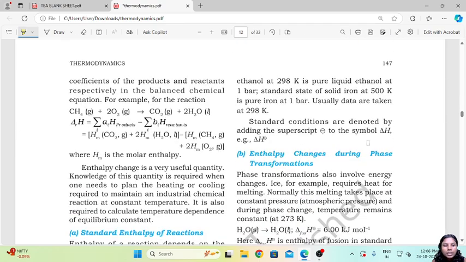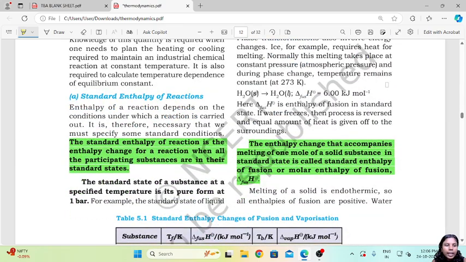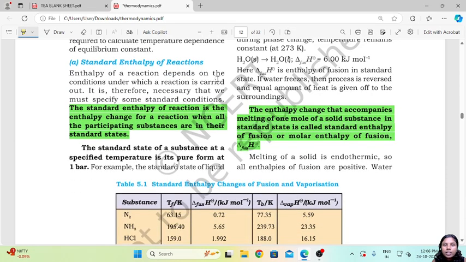Then next let's look at the standard enthalpy of a reaction. Previously we spoke about the enthalpy of a reaction. Now how do we define it in terms of standard conditions? When we talk about standard conditions, we mostly relate to pressure, volume, temperature. The standard enthalpy of a reaction is the enthalpy change for a reaction when all the participating substances are in their standard states.